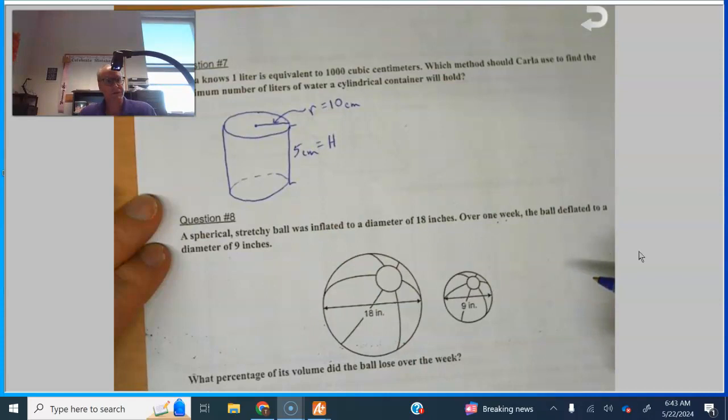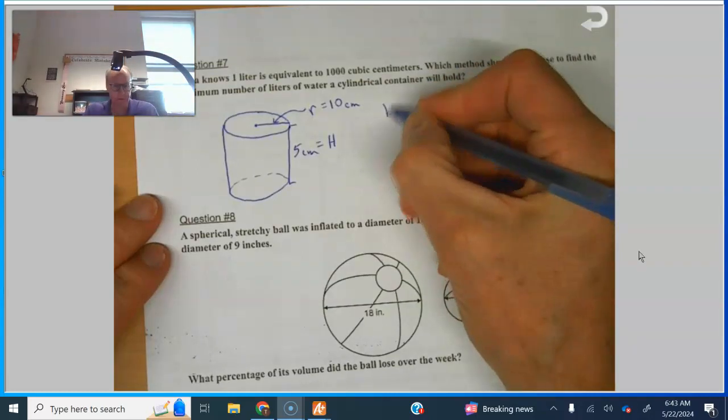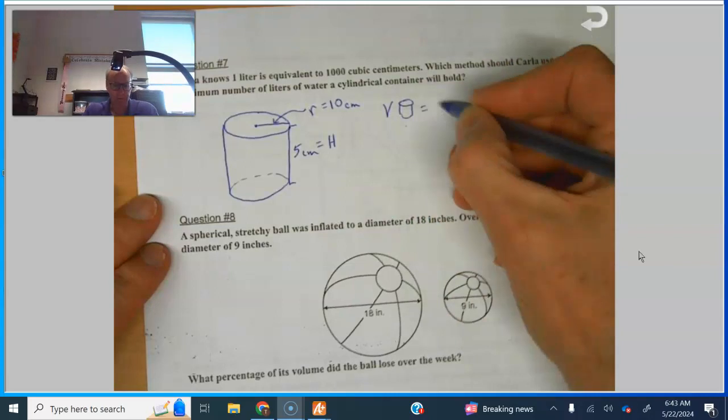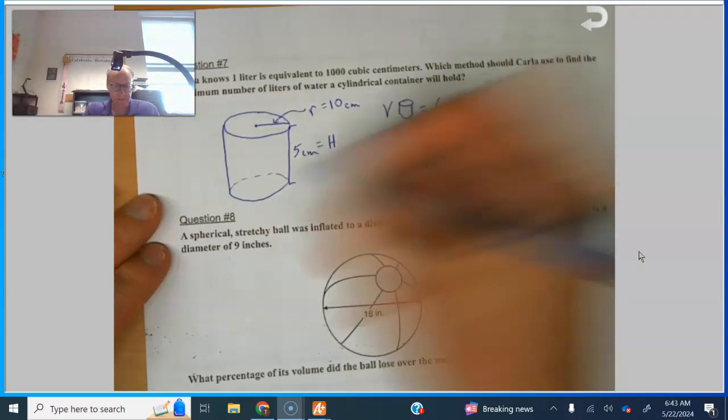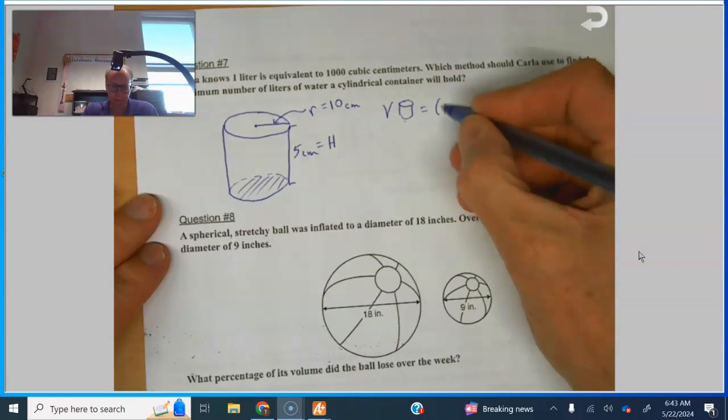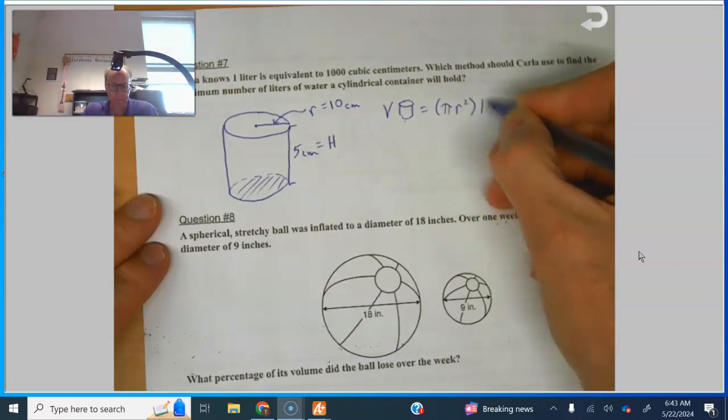So if I were interested in finding out how many cubic centimeters it has, I could use the formula. The volume of a cylinder is equal to the area of the base, the area of this circle down here, which is pi r squared, times the height.